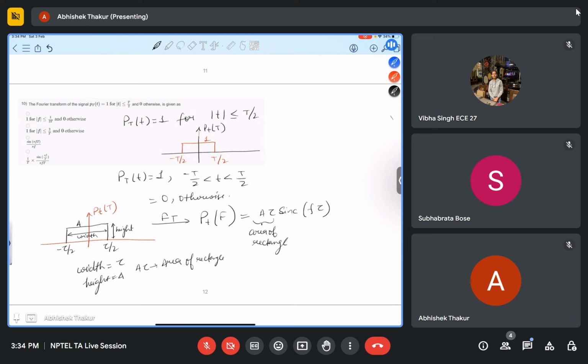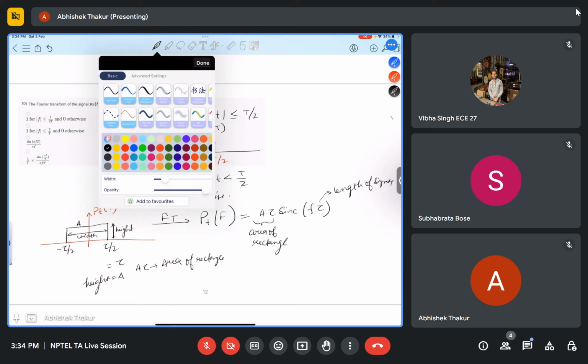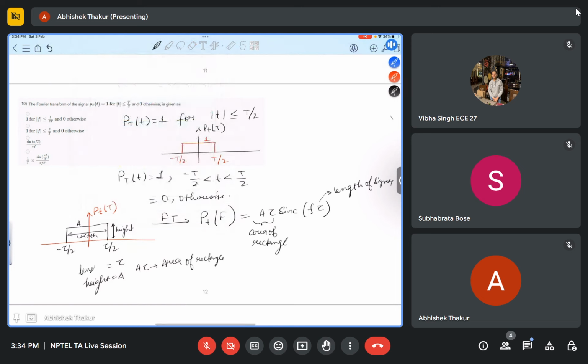This is the length of the signal. Here also write length. So for any question you can solve like this.